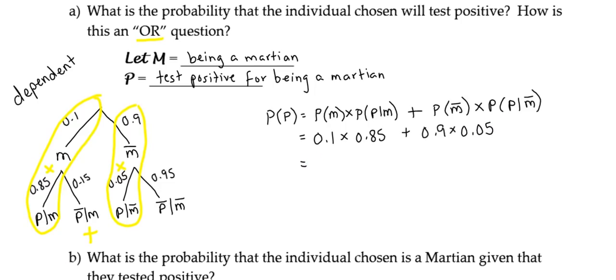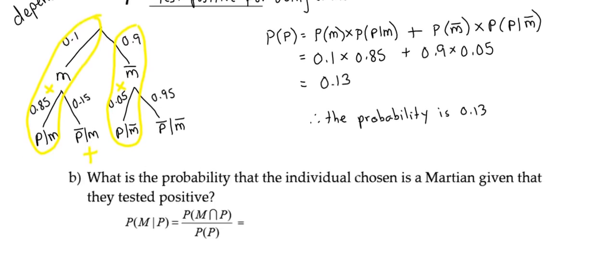And that works out to 0.13. Alright, so that's question 8. That's just what's the probability they tested positive.